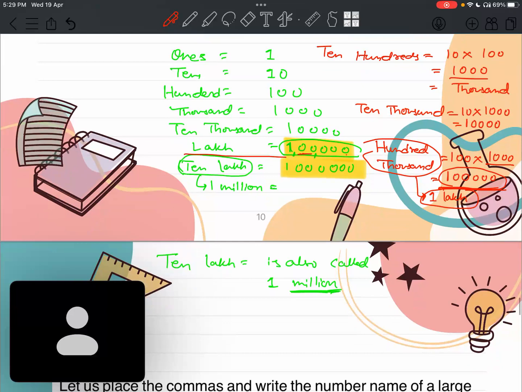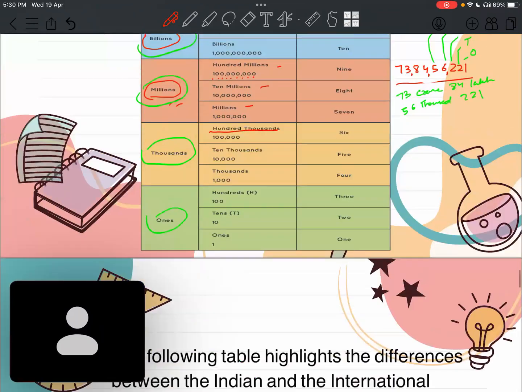Okay, so now let's have 10 lakh. This was our 1 with 5 zeros. For 10 lakh, we can simply attach one more zero here. Then it will become 10 lakh. So 10 lakh as per the international numeral system is called a million.